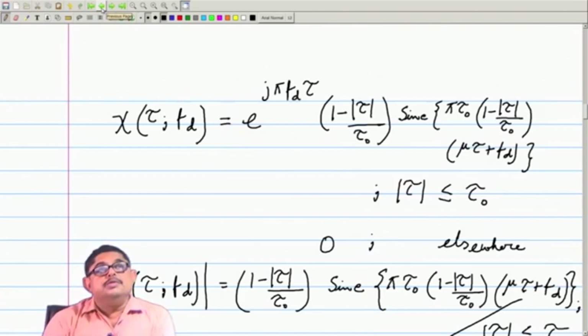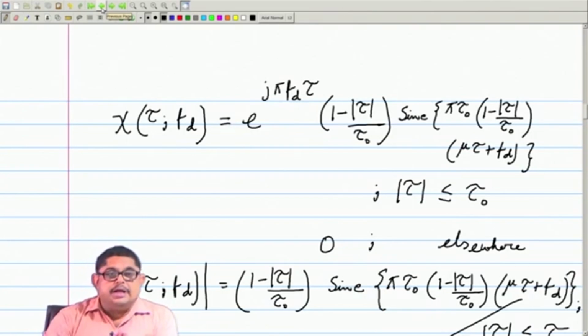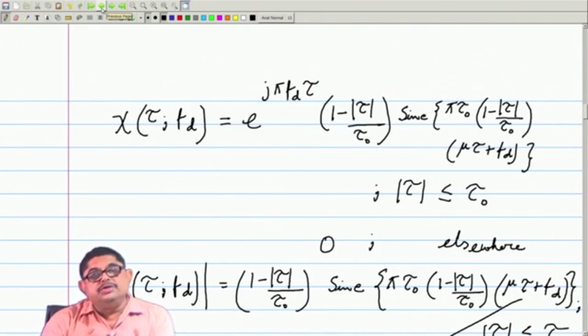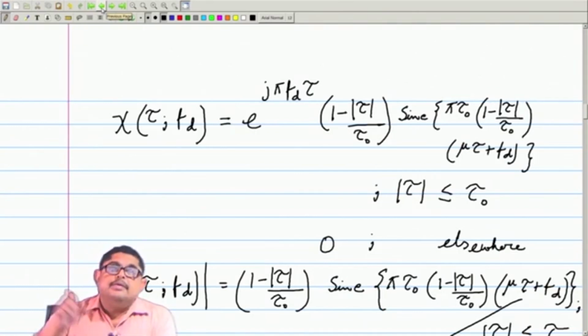Also, you please remember that in the case of LFM, you require a modulator or a frequency source, a frequency synthesizer, which can synthesize it within a very short time. Like for example, the example we have seen that in 1 microsecond you need to sweep the frequency by 10 megahertz.